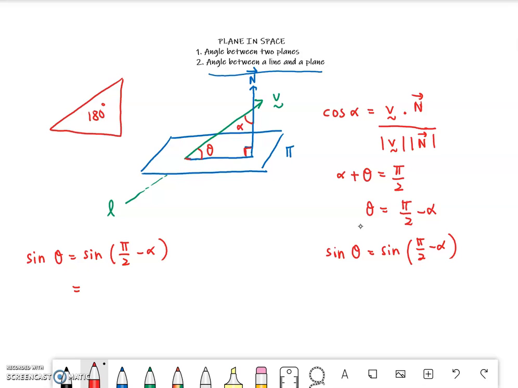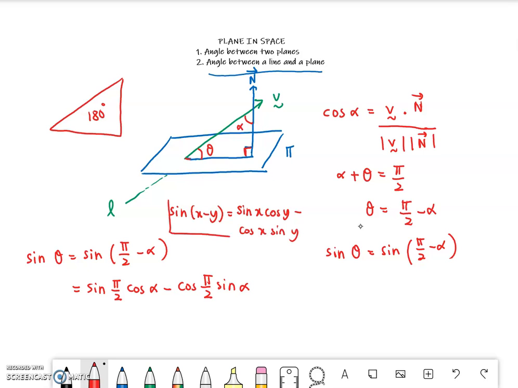So if we expand this using the trigonometric identity, we will have sine pi over 2 cos alpha minus cos pi over 2 sine alpha, where we use the formula sine of x minus y is equal to sine x cos y minus cos x sine y.